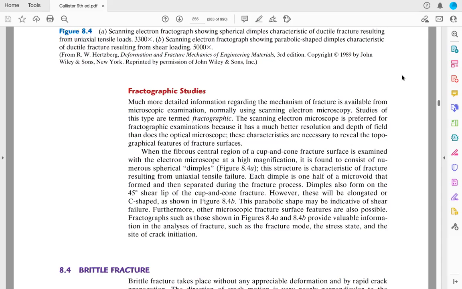So in mechanical engineering or materials engineering, there's also a branch of study called fractography. It gives much more detailed information regarding the mechanism of fracture. We can use a microscope, an electron microscope, to check the microstructure of a metal that has a fracture.